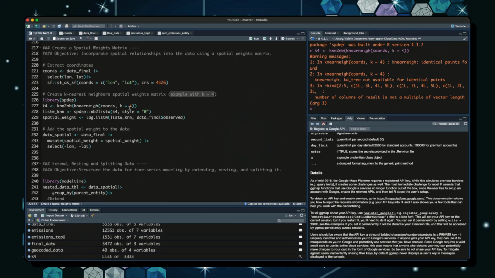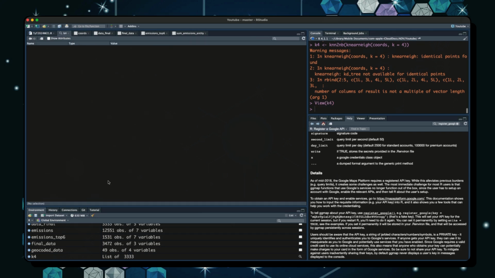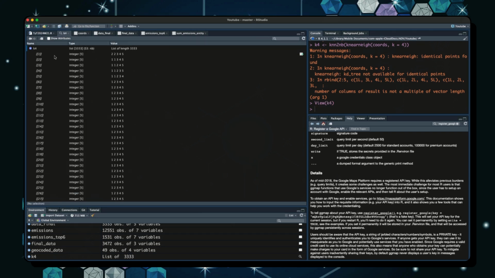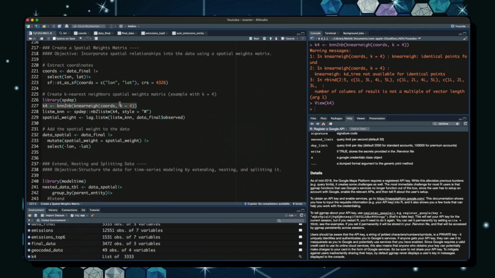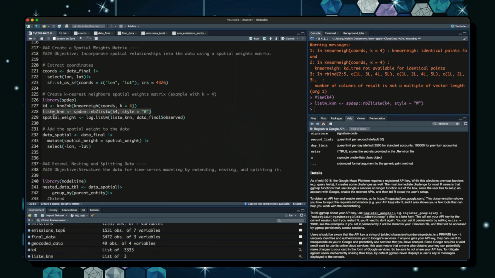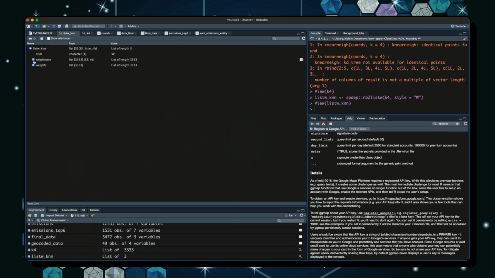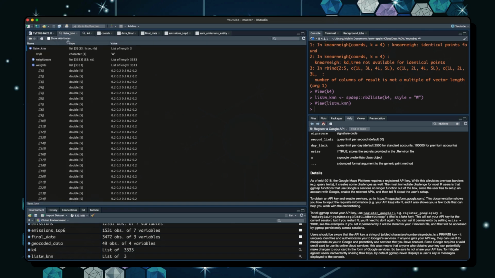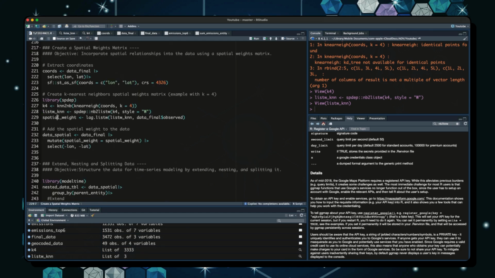This means that each observation will get a list of the 4 closest points. Let's take a look at that k4 dataset. So this identifies the neighbors and this lists the weights. So we have here the neighbors and here the weight for each neighbor.